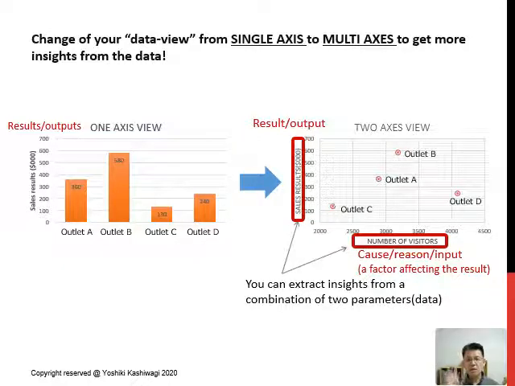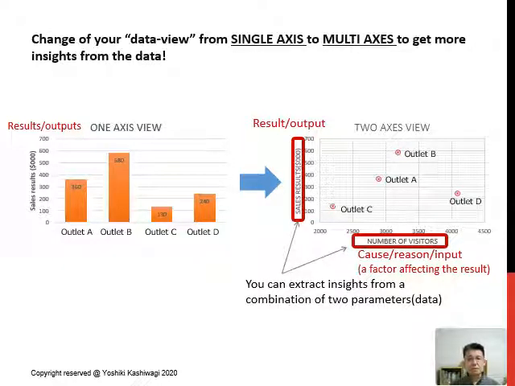So first, you can find the relationship between the two parameters, sales result and number of visitors. Second, if you have some outlier, in this case outlet D, you can identify the issue or outliers from the normal relationship.